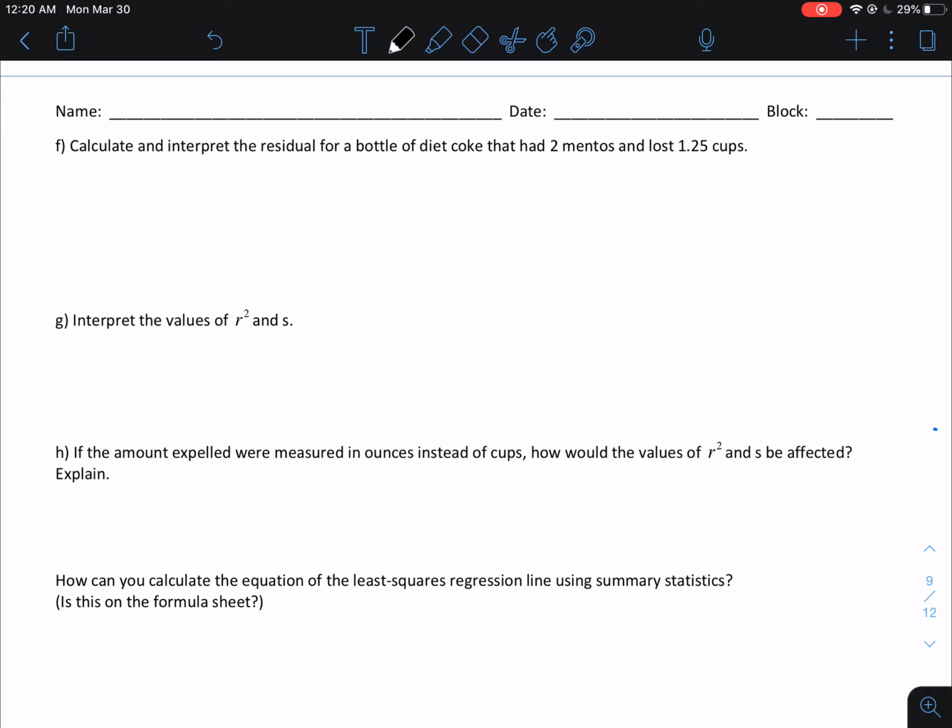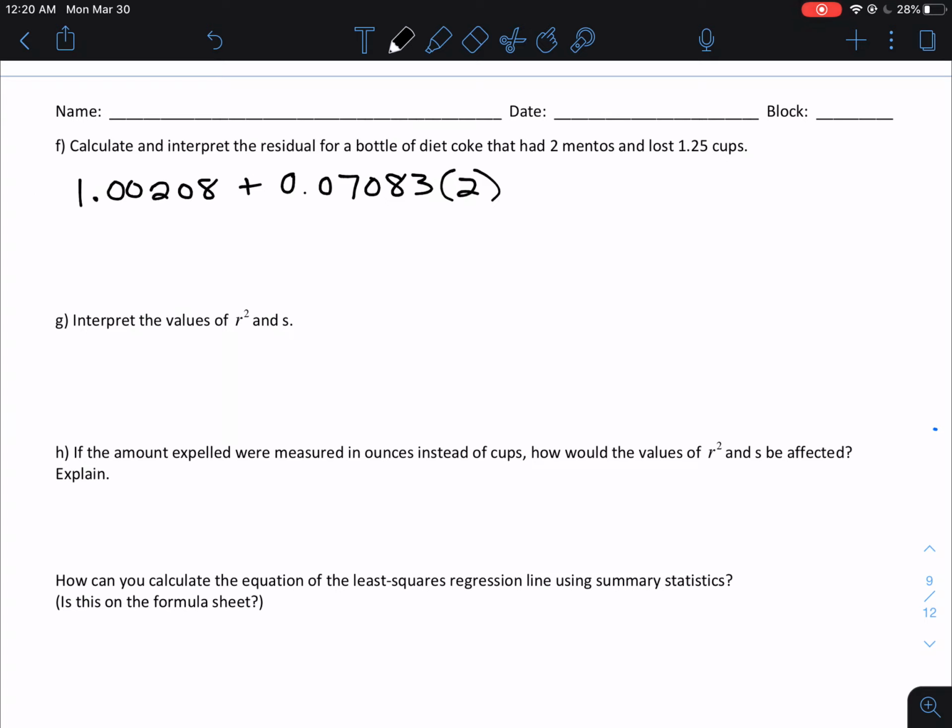All right, so for F, continuing through this, calculate and interpret the residual for a bottle of Diet Coke that had 2 Mentos and lost 1.25 cups. So at least 2 Mentos, that's going to be what we put into our equation. So let's see what that would be. That would be taking 1.00208 plus 0.07083 multiplied by the number of Mentos, which is 2.